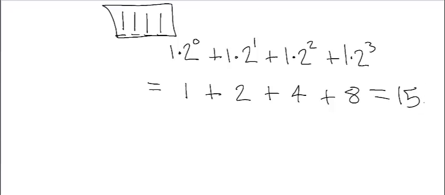Okay, now let's do a different number where we have zeros thrown into the mix. Let's say we had the number 1101. Okay? Well, let's start from our 0th position. We have a 1, so this is going to be 1 times 2 to the power 0.